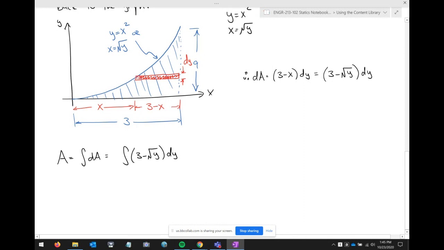Instead of evaluating from 0 to 3, we're doing this vertically, so we evaluate from 0 to 9. Now let's just test this and see if it works. If we test this, what do we get? What is the integral of 3? Well, the integral of 3 is 3y. Now, this is some calculus here. So the integral of the square root of y.